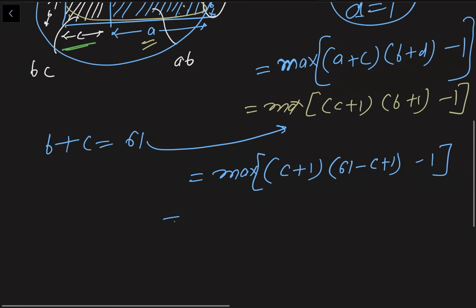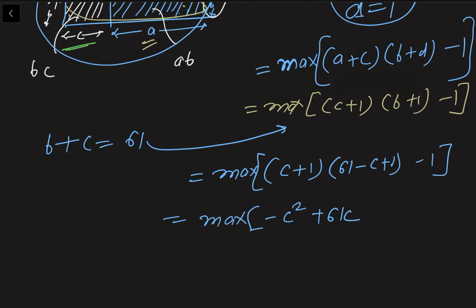Now what is this quantity? Maximize of this becomes a quadratic: minus C square plus 62 C plus 62 minus 1, that is 61. I'm left with this quantity.